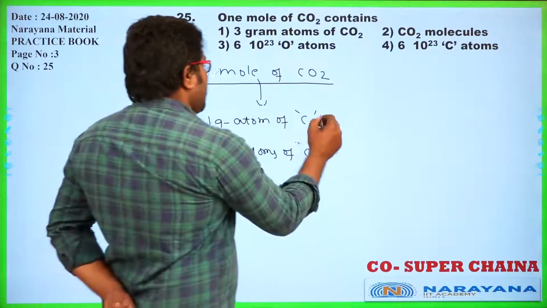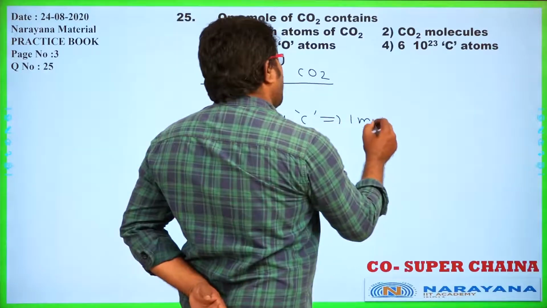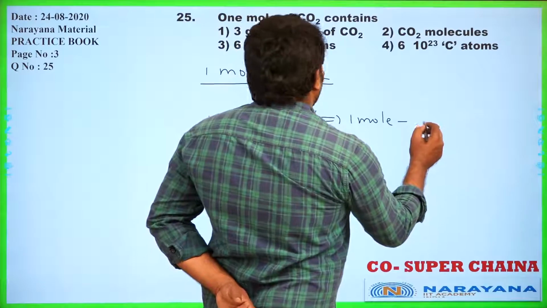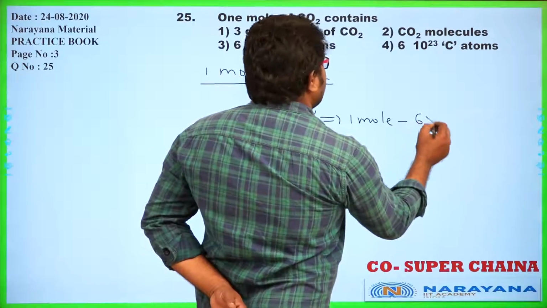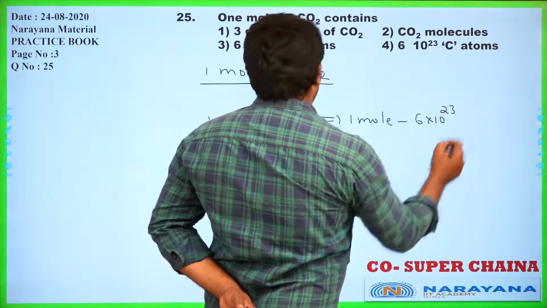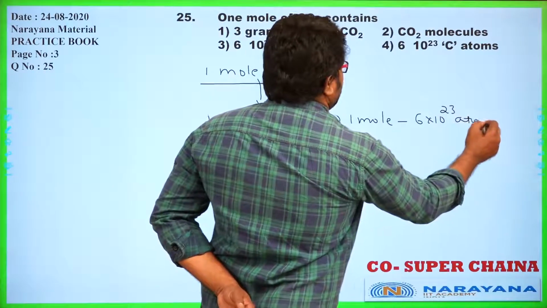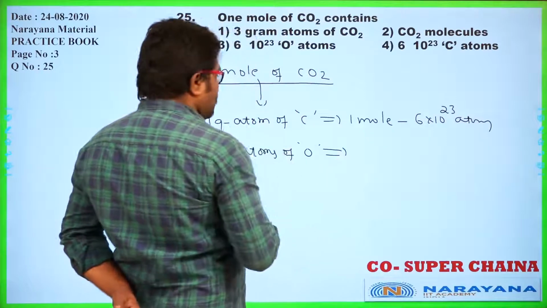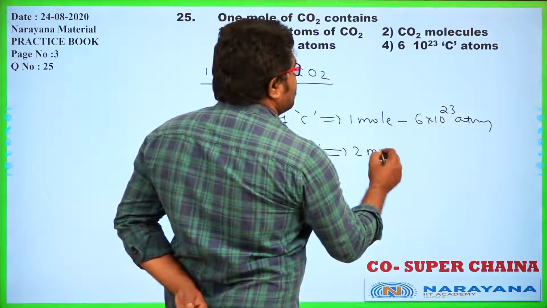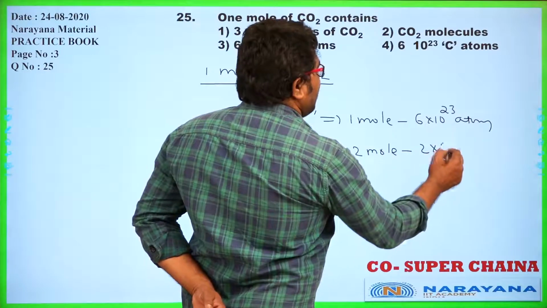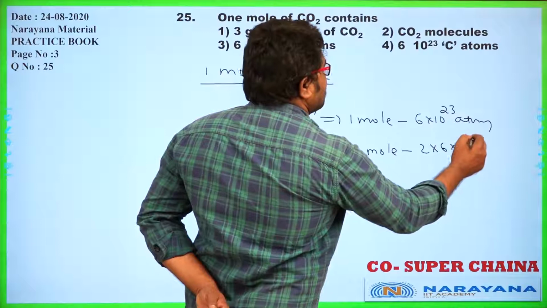Now, 1 gram atom means 1 mole. 1 mole means Avogadro number, approximately 6 into 10 power 23 atoms of carbon. 2 gram atoms means it contains 2 moles, and 2 into Avogadro number of atoms of oxygen.